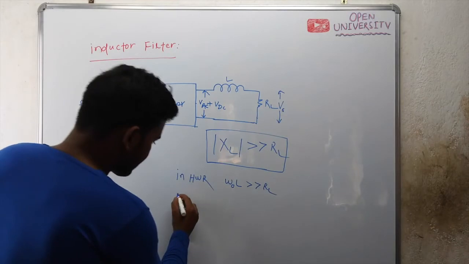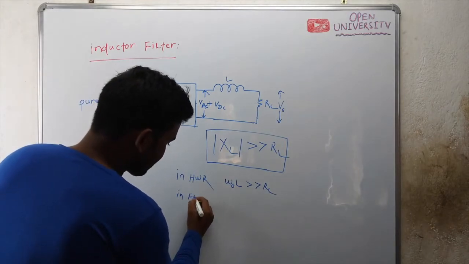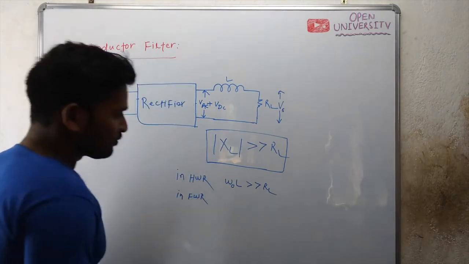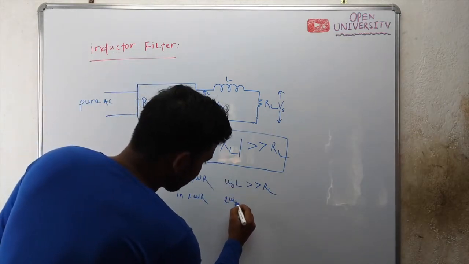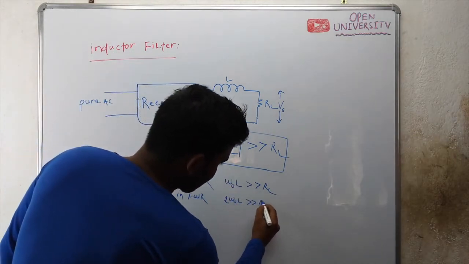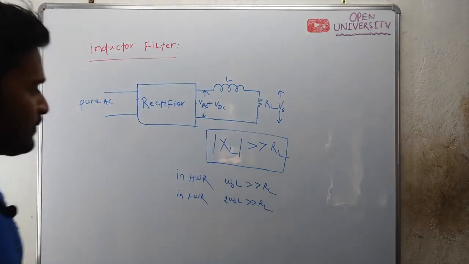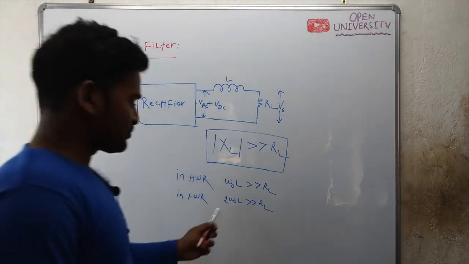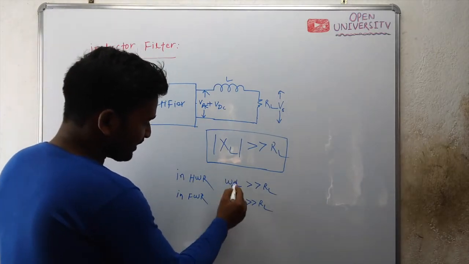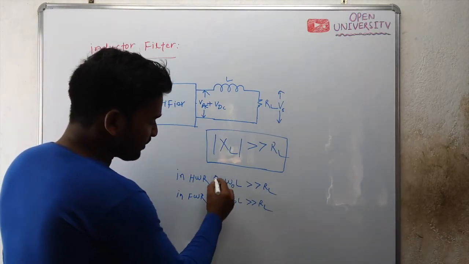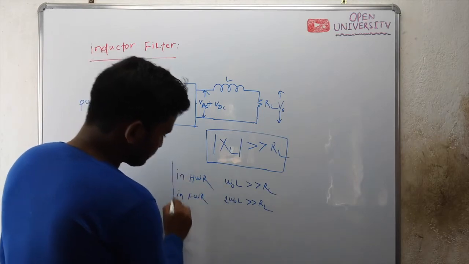And in case of a full wave rectifier, what is the ripple frequency? 2 omega naught. So 2 omega naught L has to be much greater than RL. This is the condition for your half wave rectifier, and this is the condition for your full wave rectifier.